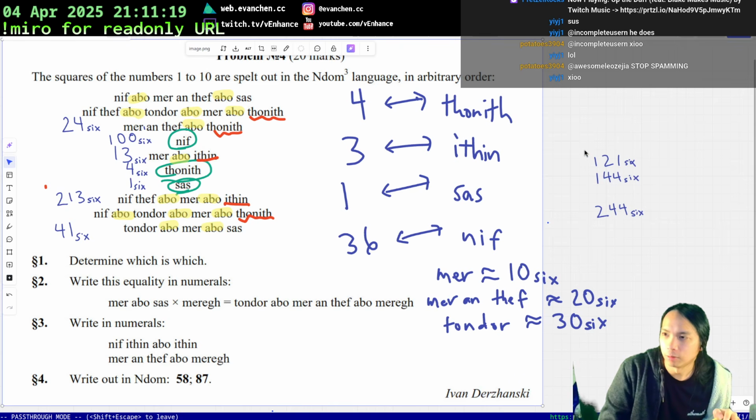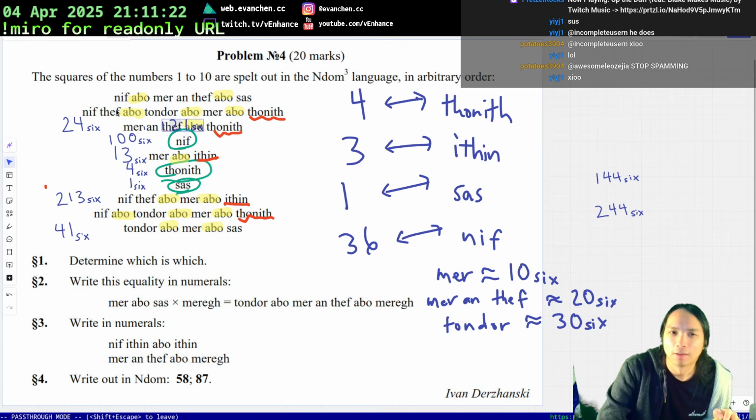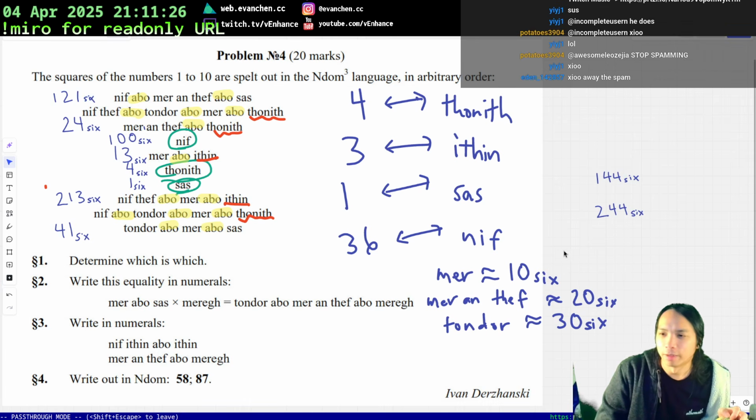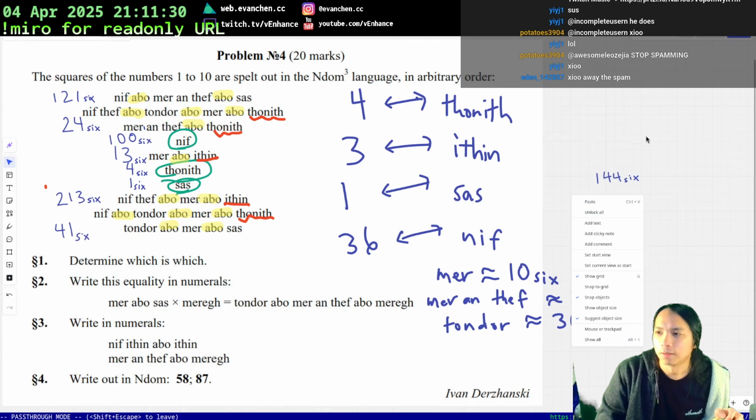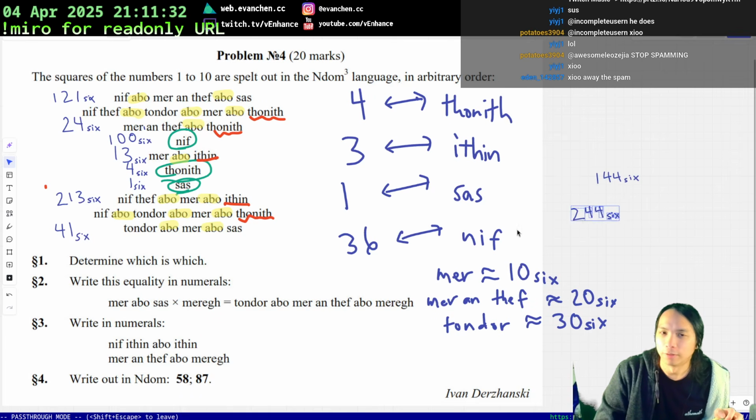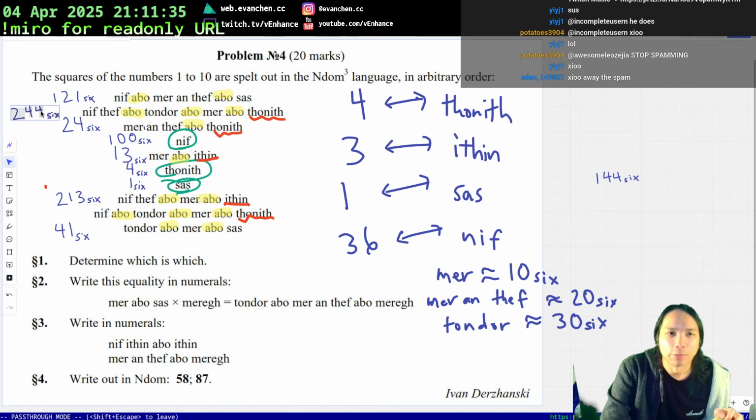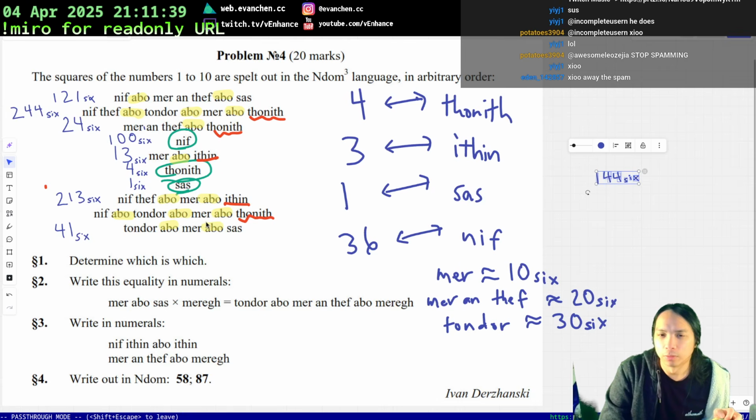Yep, that checks out. And then nif def is a 2. Okay, so I think that's all our data points. Nif def is 2. Tondor. And then nif tondor mer. Tondor is our 30, mer is our 10, so that checks out, and then it's tonef.